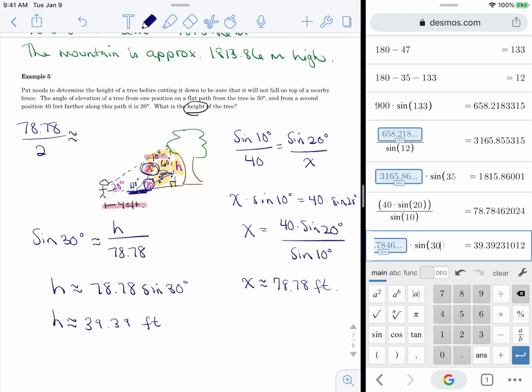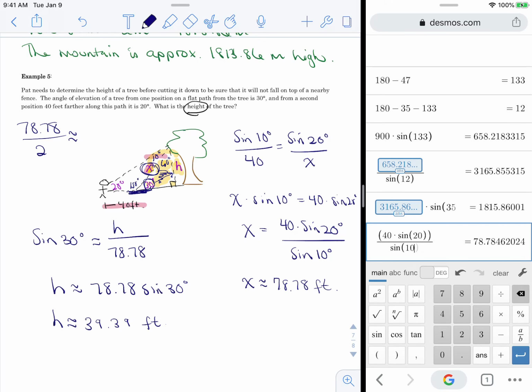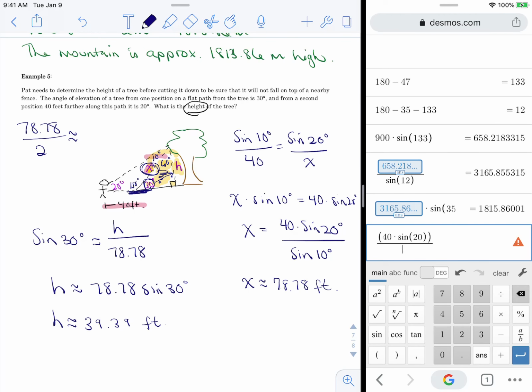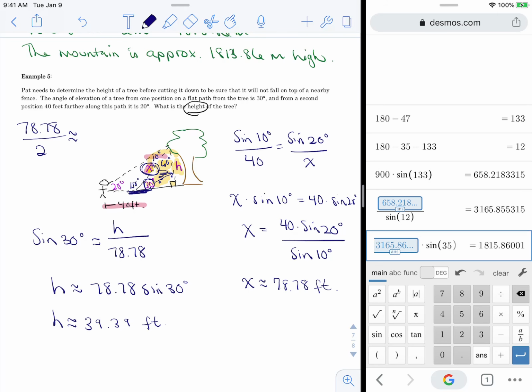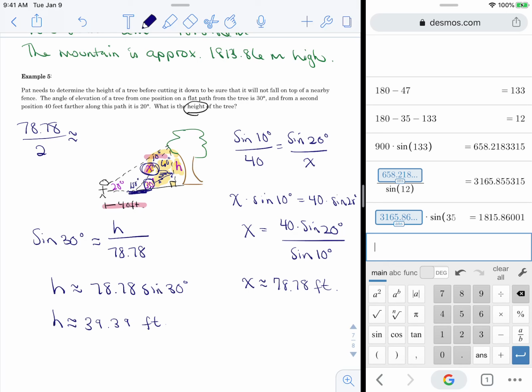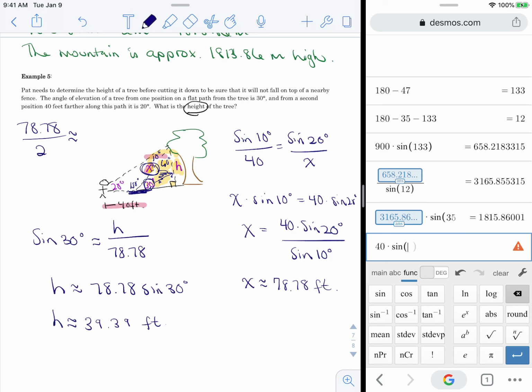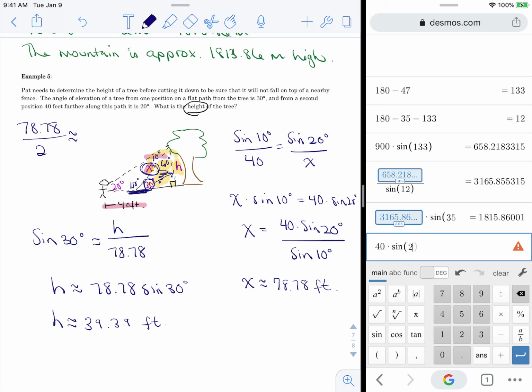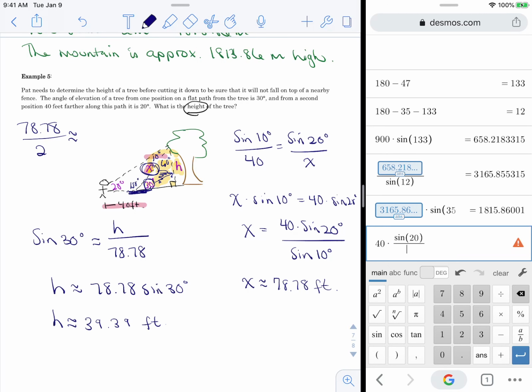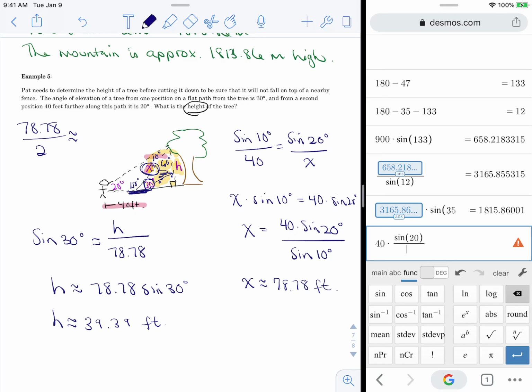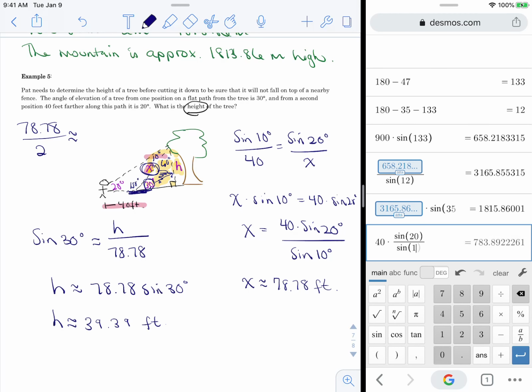So let's see what happens. I'm just going to do 40 times sine of 20, divide by sine of 10.